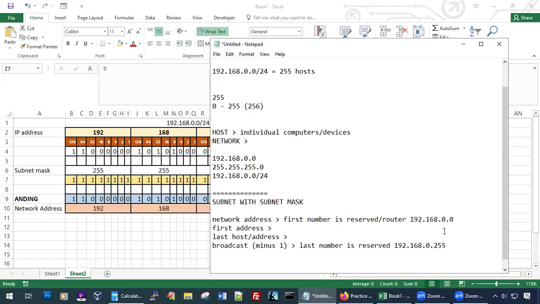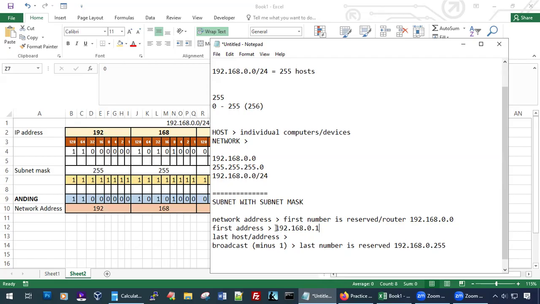So the first address is 192.168.0.0 here, and the last address is 192.168.0.255. Now, the first actual usable address is going to be right here, 192.168.0. Can you guess what it is? Yep, 1.